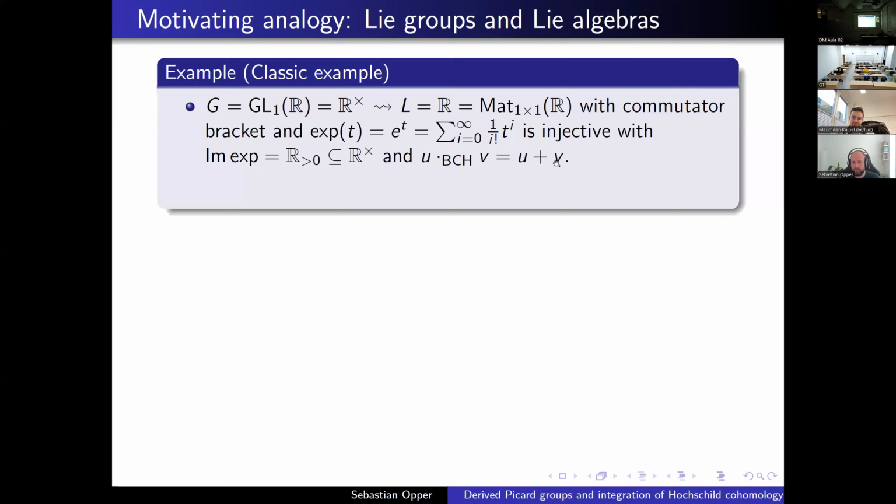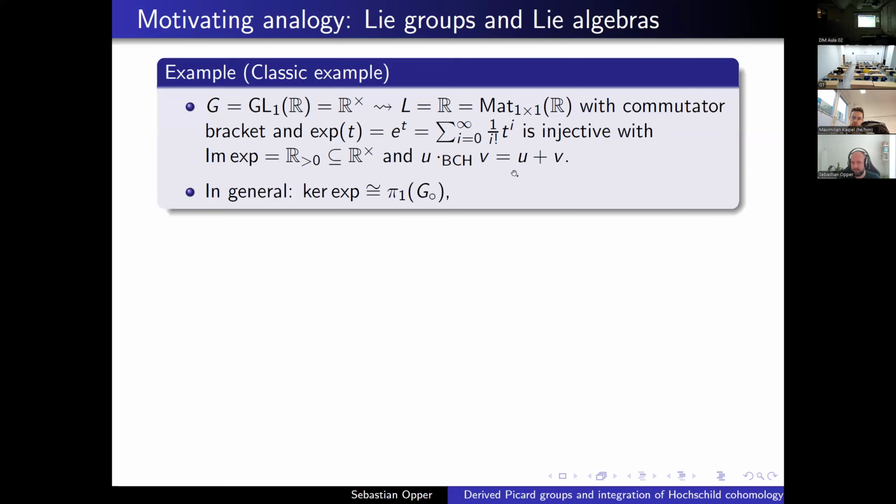And the Baker-Campbell-Hausdorff product here is very boring because the Lie bracket vanishes. So all the other terms, other than u plus v, disappear. And then you can recover basically this formula, which you know since analysis 1, that the Euler exponential of u plus v equals the product of the two exponentials.